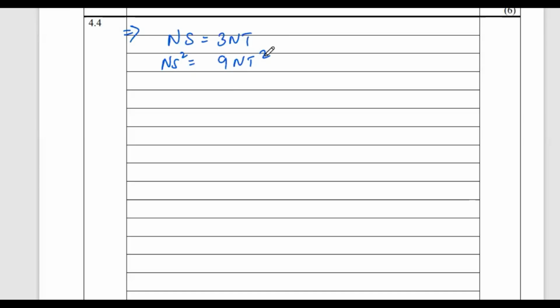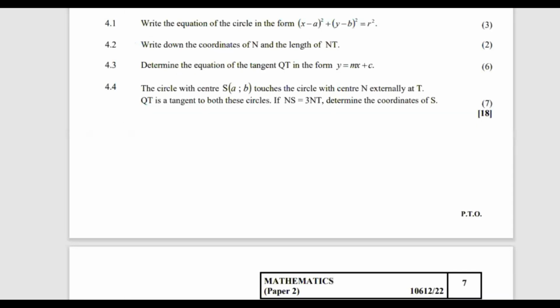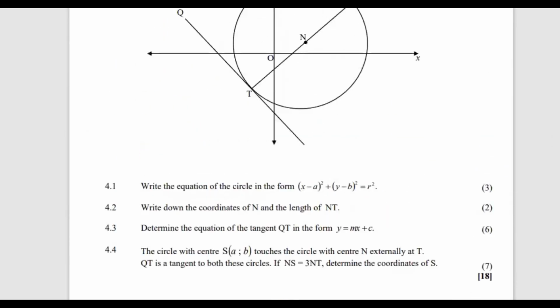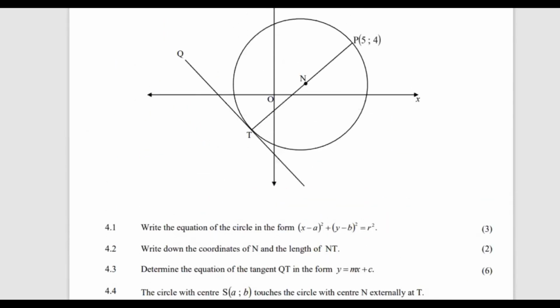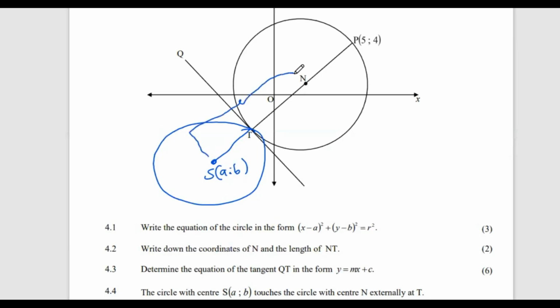Remember, if this circle were to be drawn, that is N, it told us that this distance is 3NT.